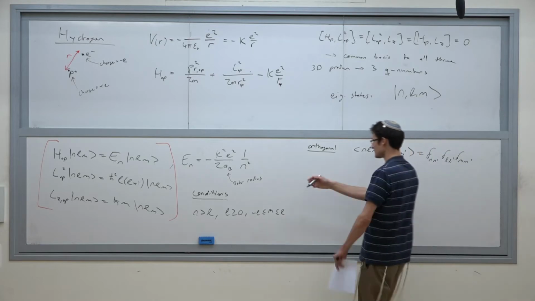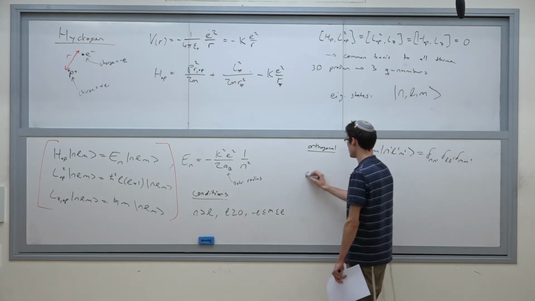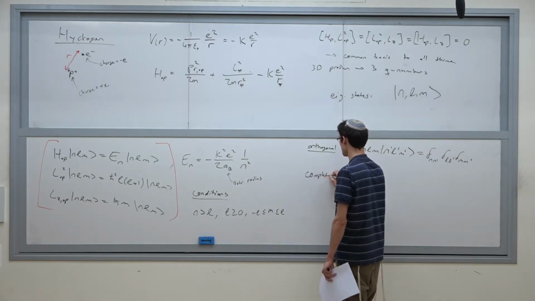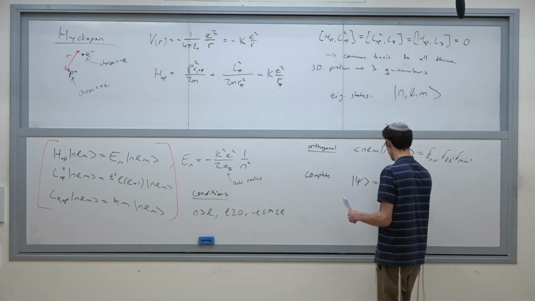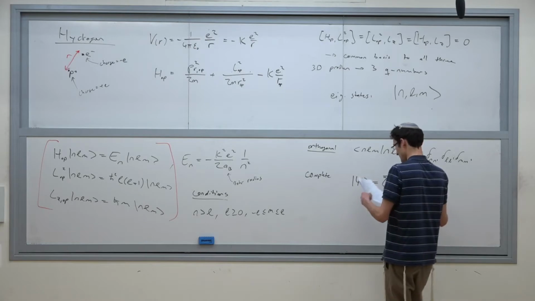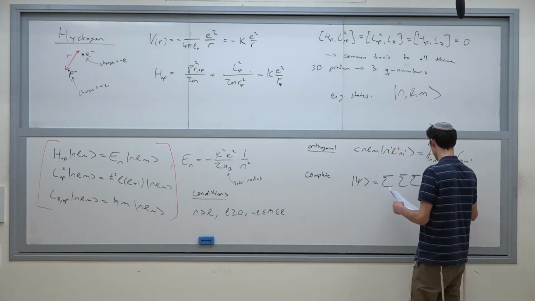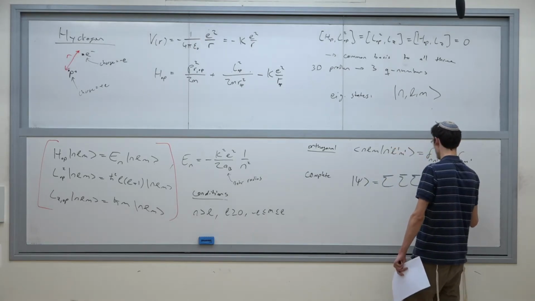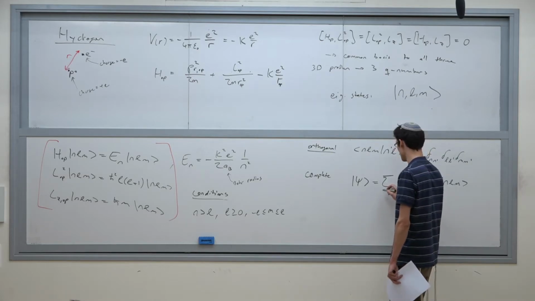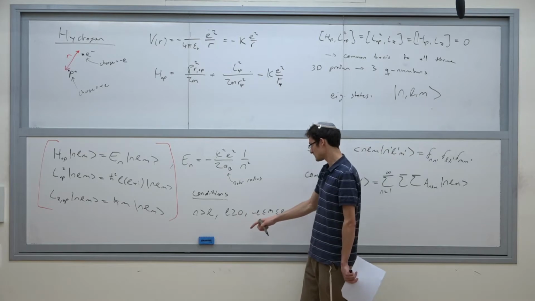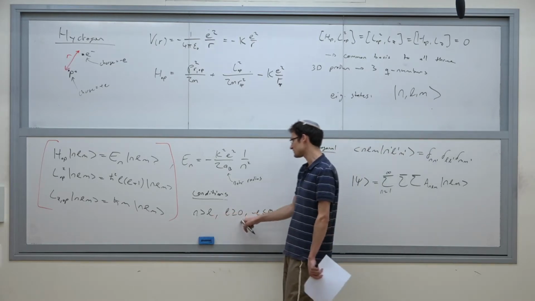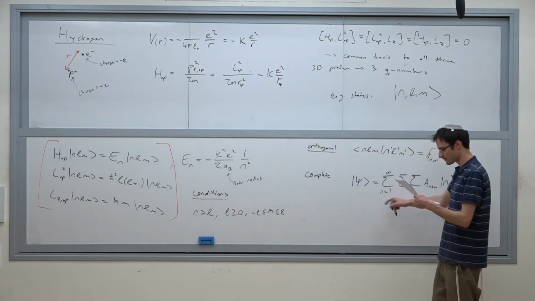And obviously, this is a complete set, so any 3-dimensional function can be expanded as a superposition of these states, where we have to sum for n from 1 to infinity. It has to be greater than L, and L starts from 0, so n has to go from 1 to infinity.